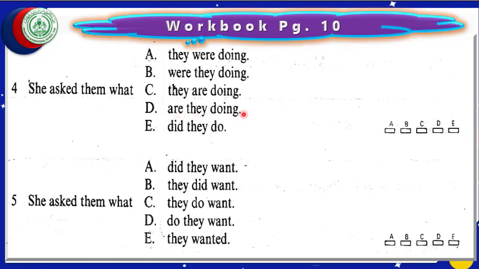What are they doing becomes question. No question mark is here. She asked them what did they do, question, no question mark. That is why only A part is the correct option. It will become she asked them what they were doing. This is the correct one.